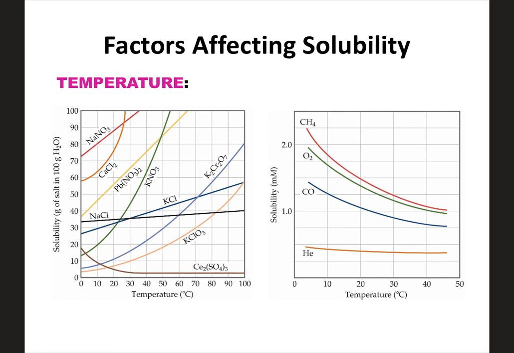All right. And the other graph over here is again showing this with gases. As you increase the temperature, the solubility of these gases is going to decrease. So it's kind of opposite here of the solids. Definitely understand all these factors that can influence the solubility here of different substances.